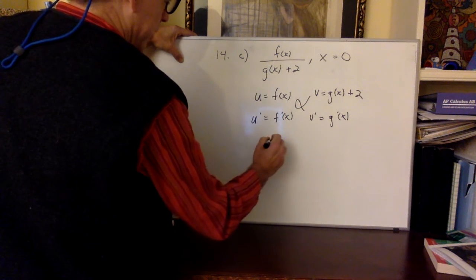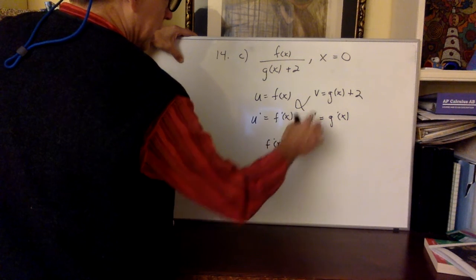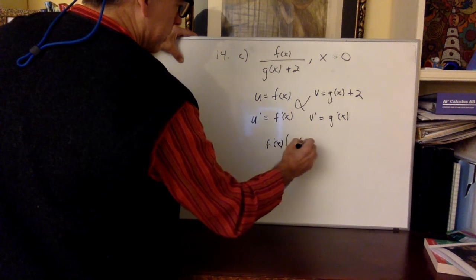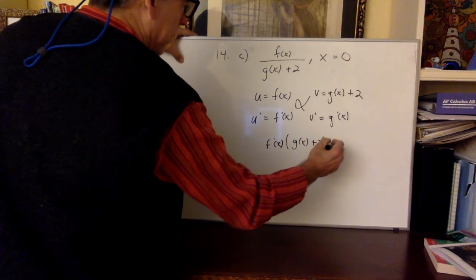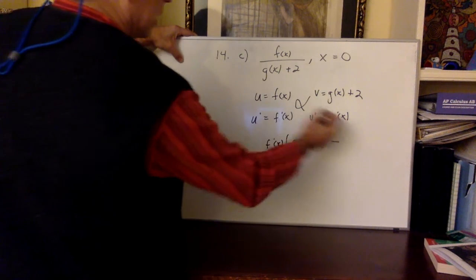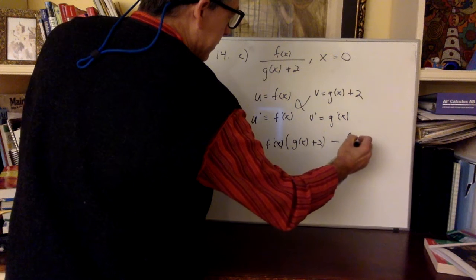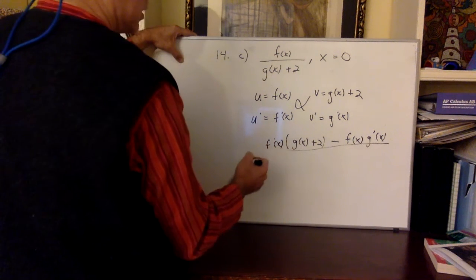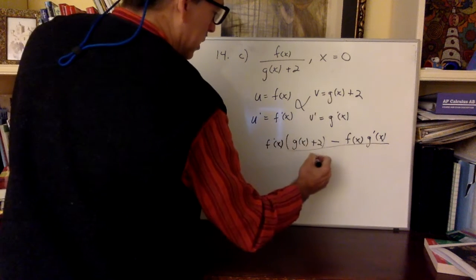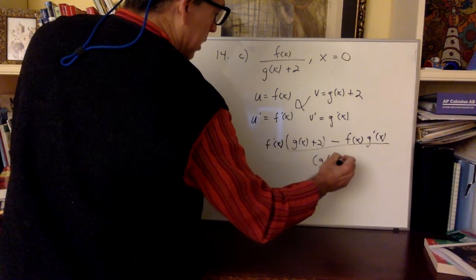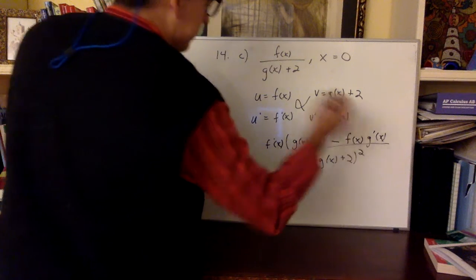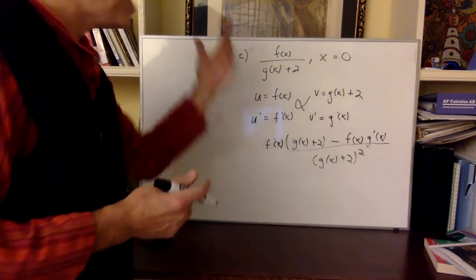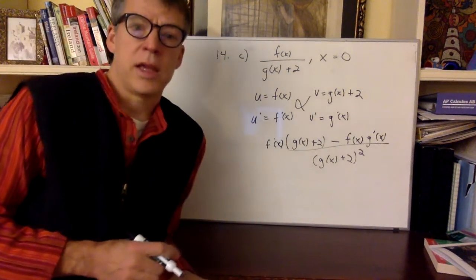So we have f prime of x times this mess minus, for the quotient rule, f of x g prime of x. And then all over low squared. Like that. Okay? And then you need this right at 0.